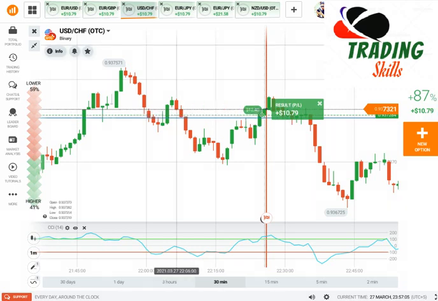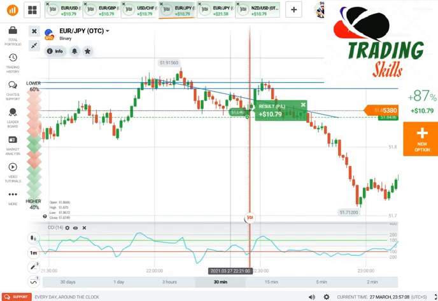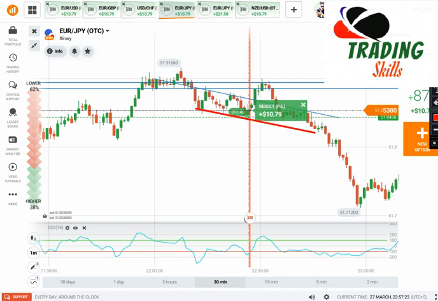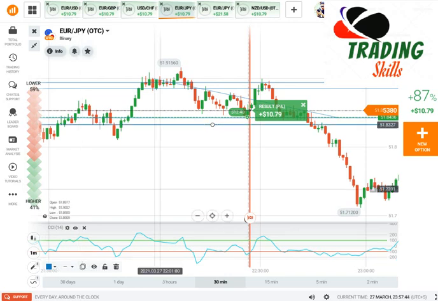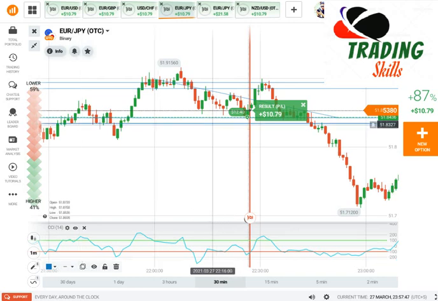Now let me show you this trade. I took my trade here in an up direction. Why? If you want to check, you can check it like this. You can see this is the level, the first thing. The second thing, I need to check the level here. This is a support and resistance area.